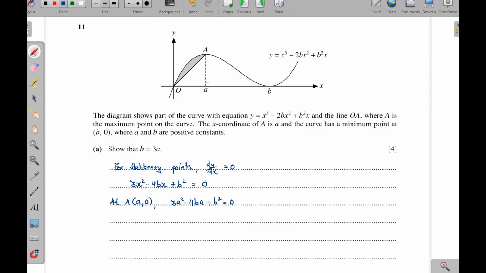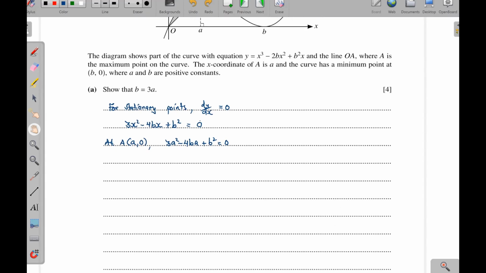Now, here we have a quadratic equation in terms of a. So 3a squared, I don't even need to write this, because this is the coefficient of a here. Now, let us solve this equation. Let's use the quadratic formula.